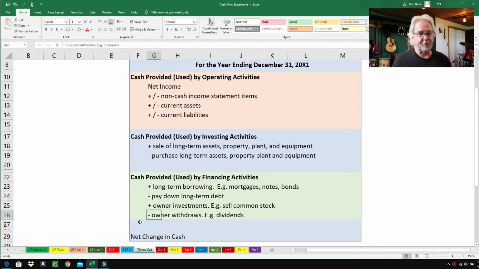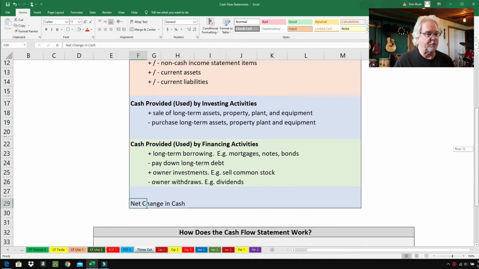And we subtract out owner withdrawals, and oftentimes these are dividends. Dividends and owner withdrawals are the same thing. And this last section, surprisingly, is usually the easiest one to figure out. Now, after we've done all this and we get 3 totals, we total this all up and we get the net change in cash.